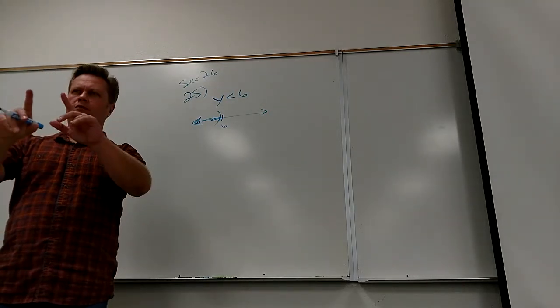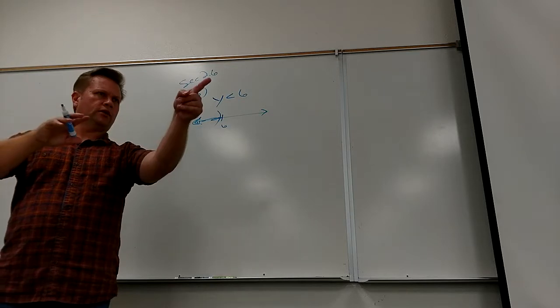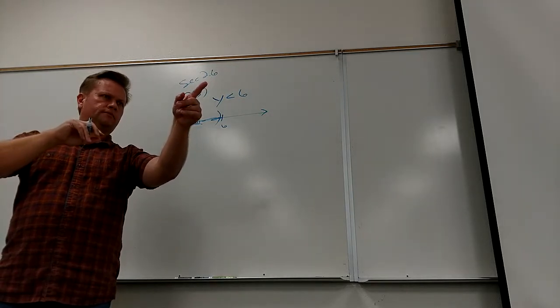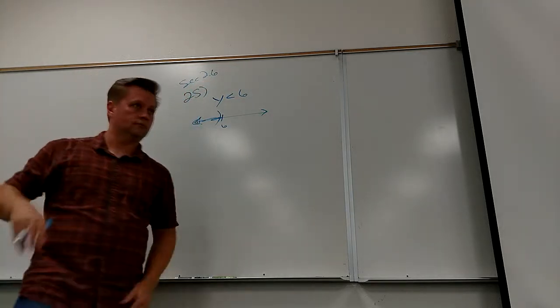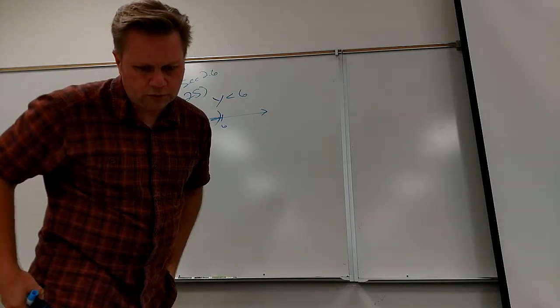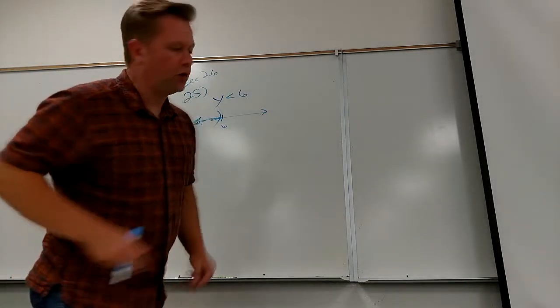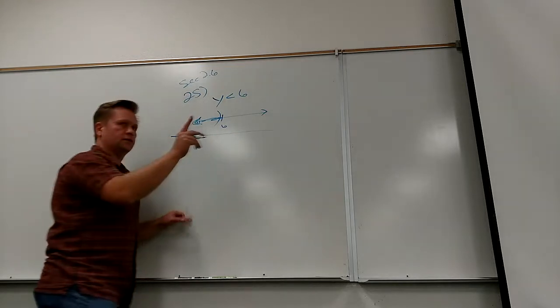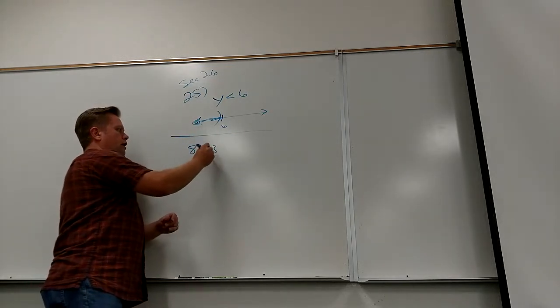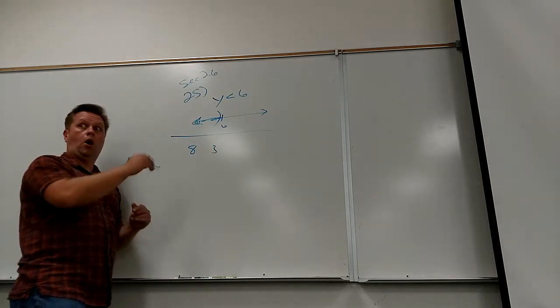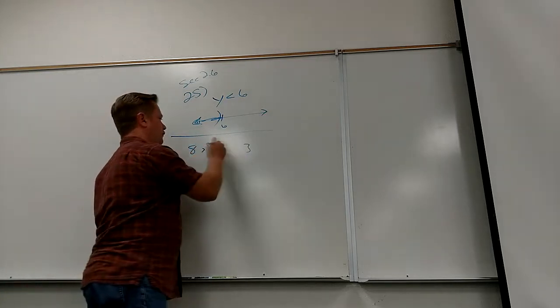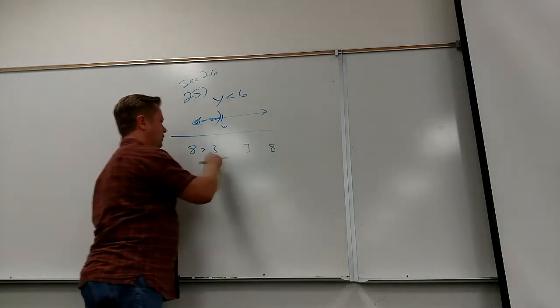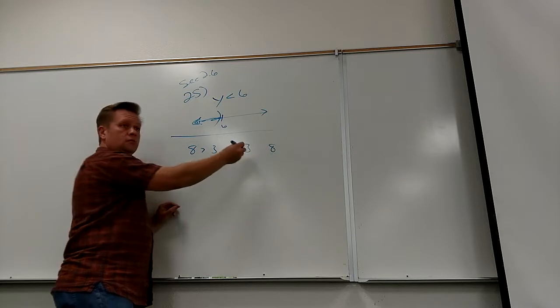Which one, sir? Number 20 in 2.6. It got a lot of people. Let me ask you this: 8 and 3, how are they related? Which one's bigger? 8. What if I put 3 first? Does the sign stay the same?